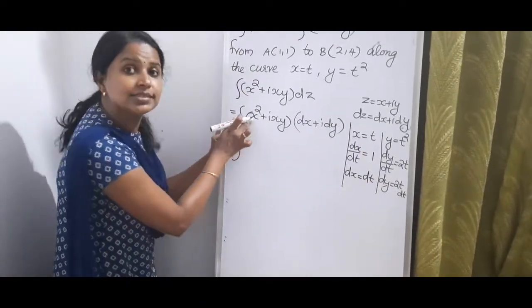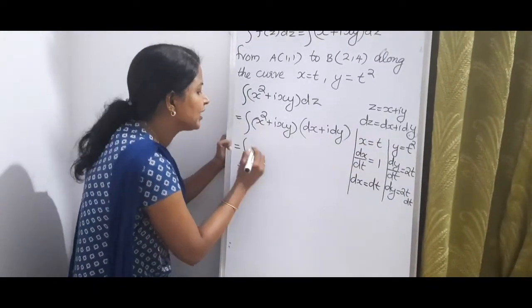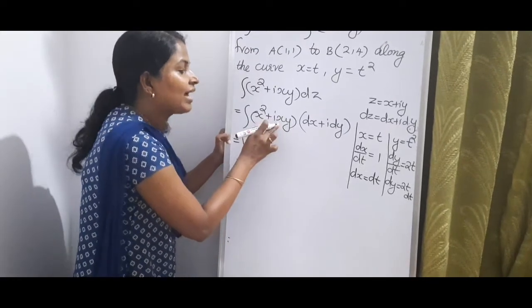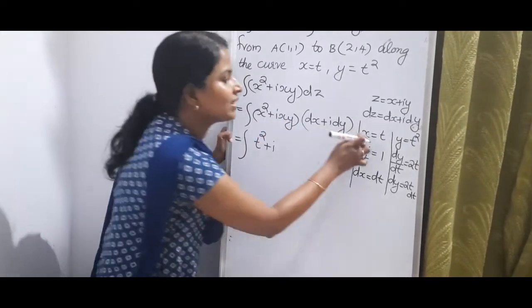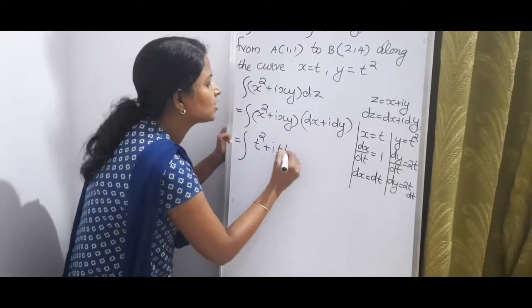Here x square is t square, plus i times x into y: x is t, y is t square.